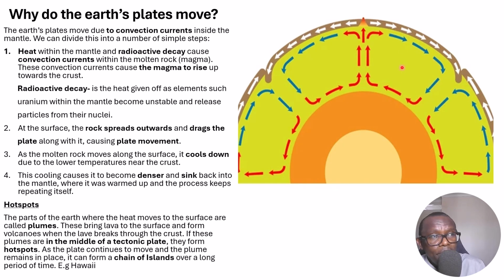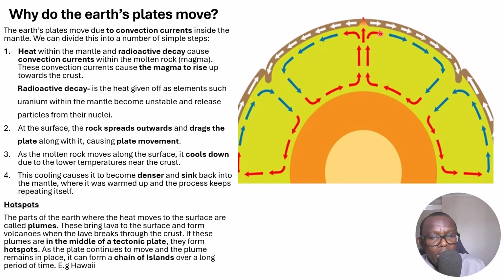So over time, the plate that is up here in the lithosphere is going to be dragged apart very slowly, on both sides here. And that is what leads to plate movement on the crust.